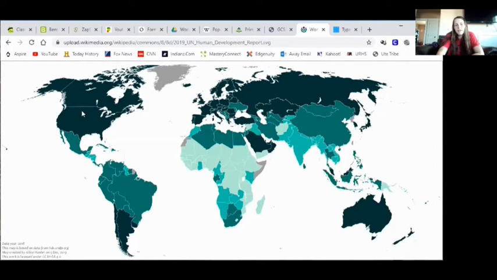So, for example, here in the United States, these maps basically cater to the people who are more on the higher end of society and not the lower end, because higher end society are very well developed. They have a very high standard of living.